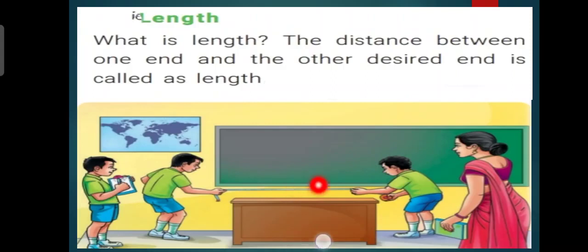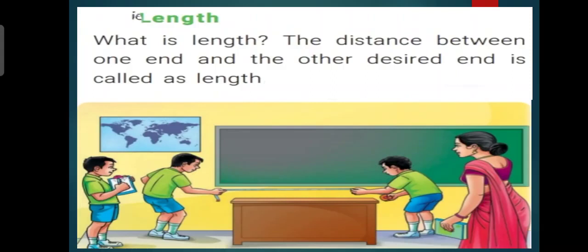It is a measure of how long the object is, or the distance between 2 points. The length of an object is its external dimension, that is, its longest side.